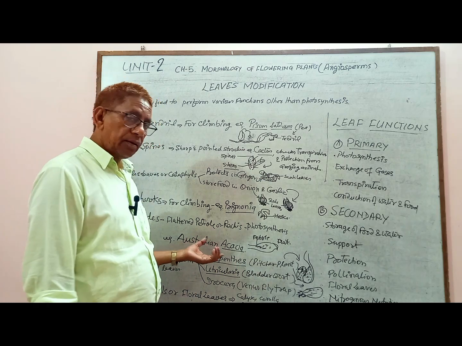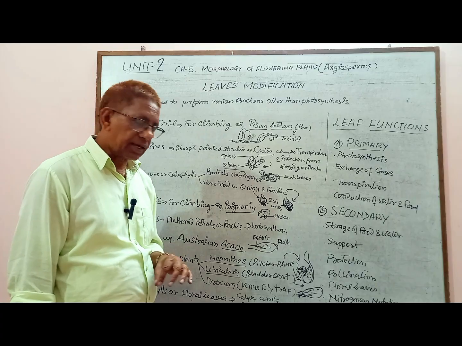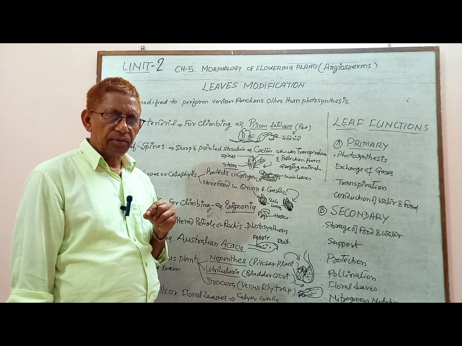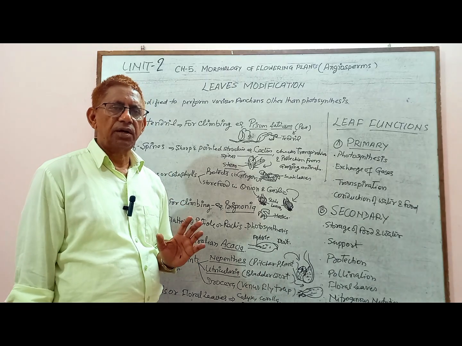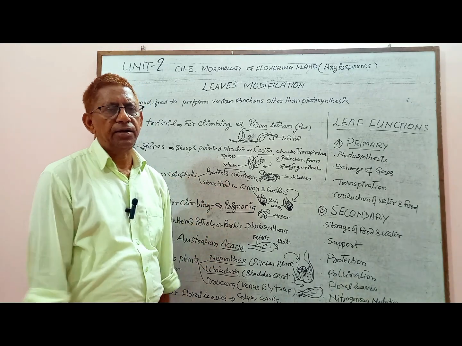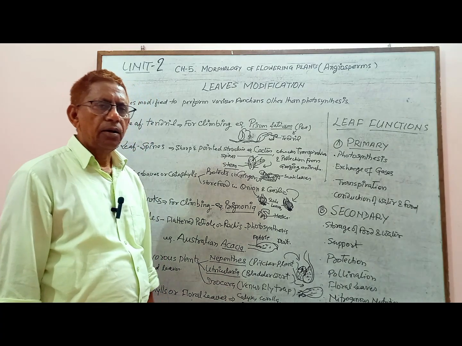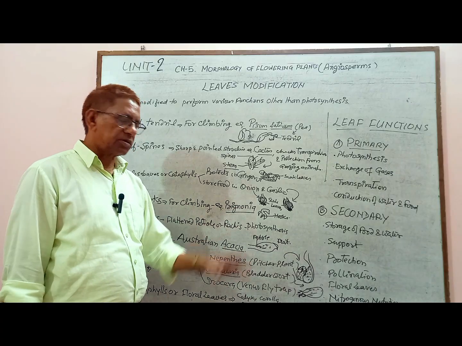In such a way, the leaf blade is not there. In this case, what happens? The portion of the leaf, whether it is the petiole or some part of the rachis, gets flattened like a leaf, and takes on the function of the leaf, the process of photosynthesis.